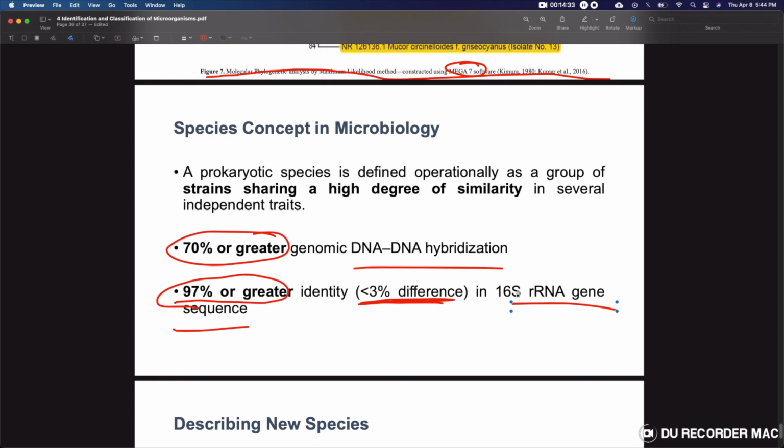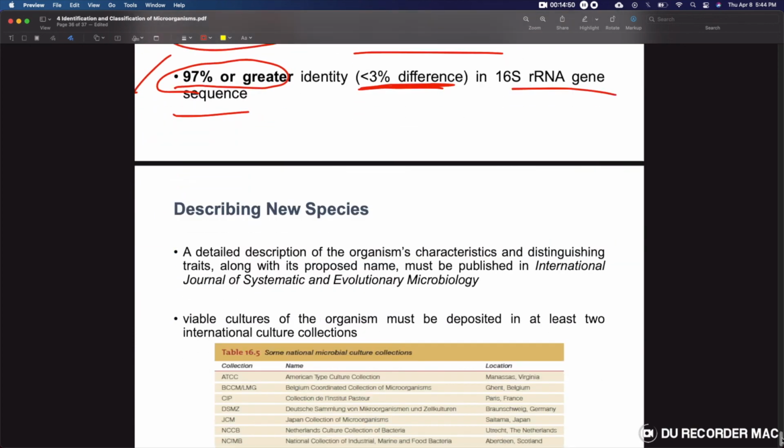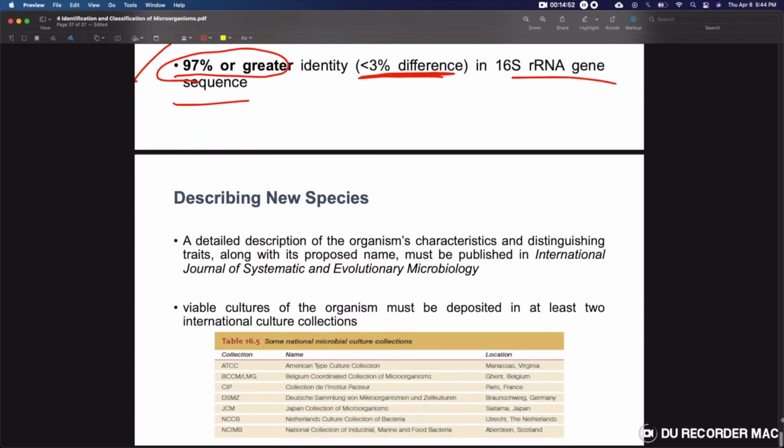Okay? So that's how we define a bacterial species here. It's a strain sharing a high degree of similarity, both in your DNA-DNA hybridization or your 16S RNA gene sequence.